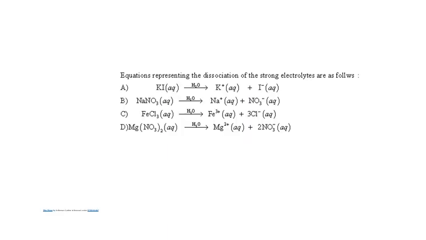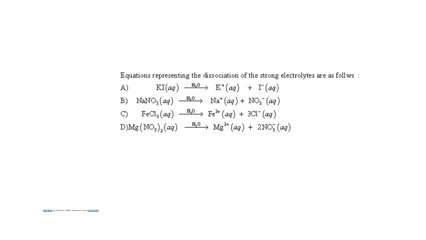That means it is not going to vaporize that easily. If we have a solute that dissociates into more particles, it will have more effect on the lowering of vapor pressure. In this example, KI, potassium iodide, will dissociate into K plus and I minus.